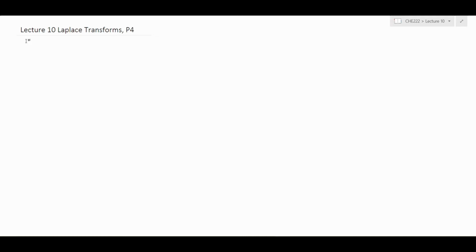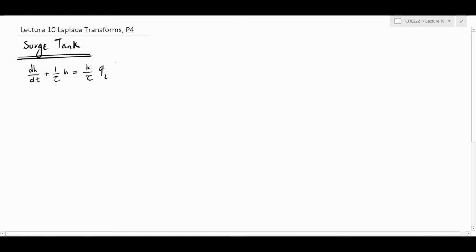Okay, let's continue the example of the surge tank. If you remember, the differential equation that describes the elevation of liquid inside the surge tank was this. In the previous session, we solved a simpler version of this equation in which the inlet flow rate was 0.